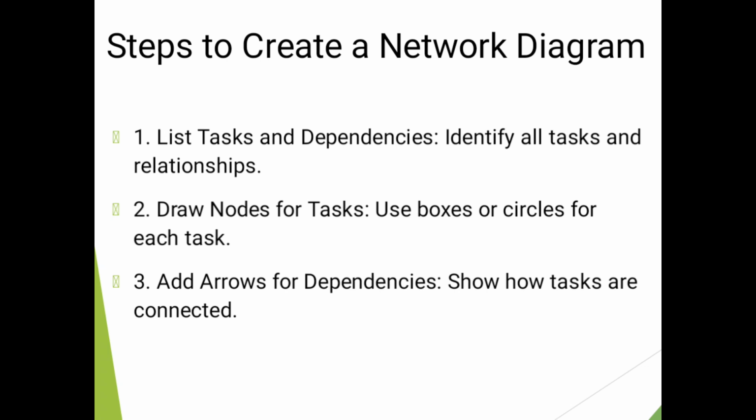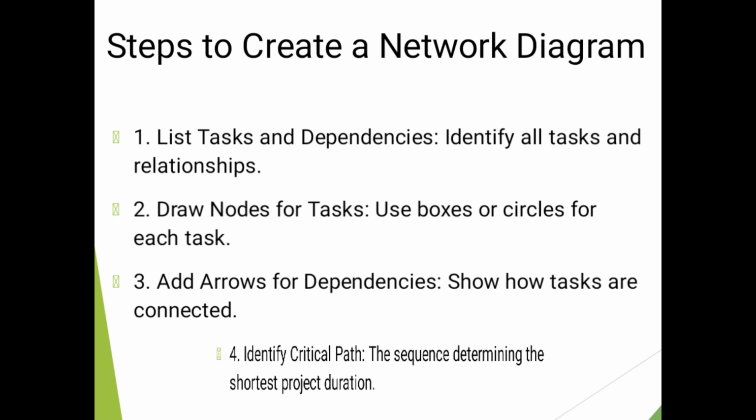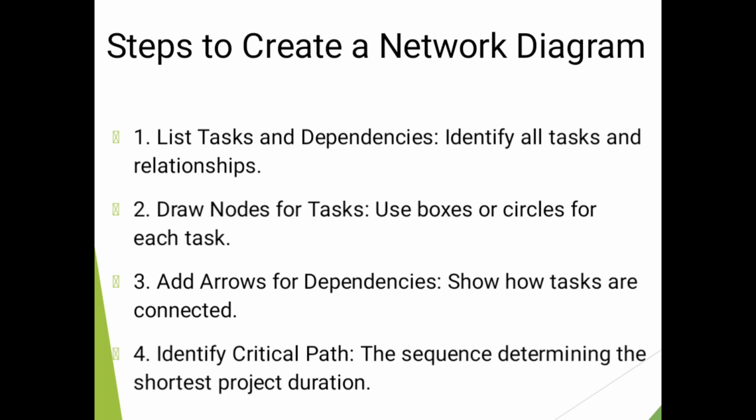From there, you need to draw nodes. Nodes can be boxes or circles, and they are going to represent tasks. Then you add the arrows for dependencies. Arrows are just going to show that this task is depending on this task. From there, you need to identify the critical path. So you need to identify that path which gives you the shortest project duration.